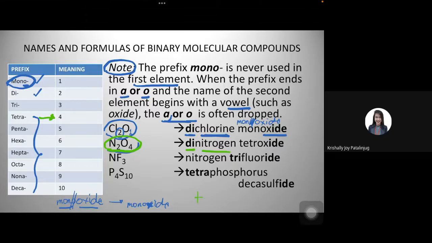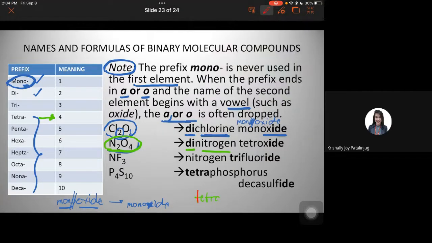So instead of saying tetra oxide, look at what happened to the name. The letter A from tetra has been omitted, making it tetroxide.